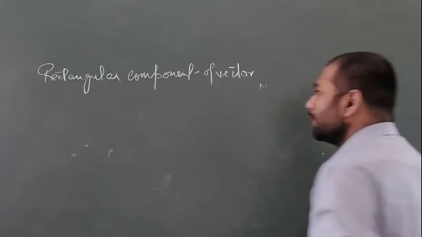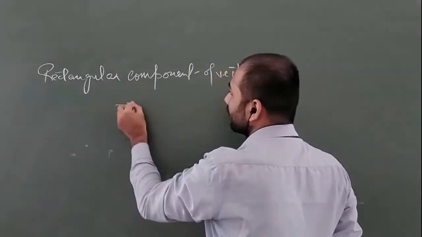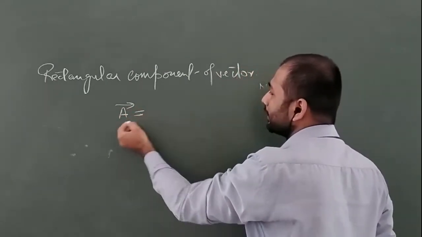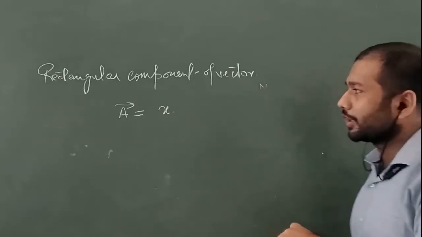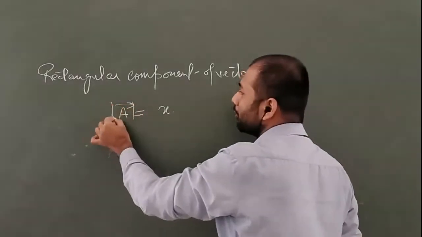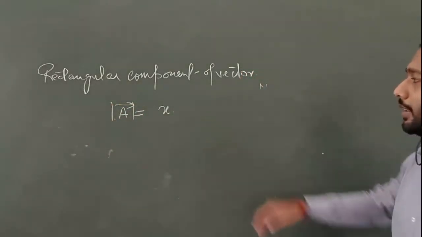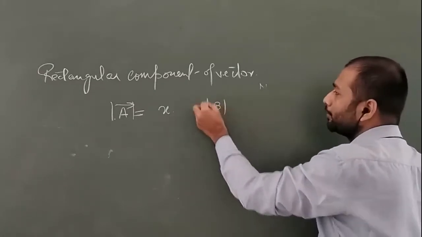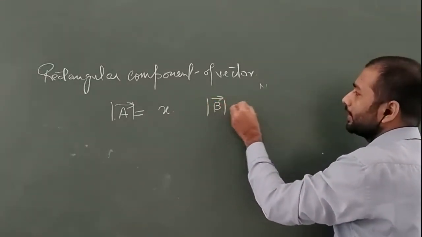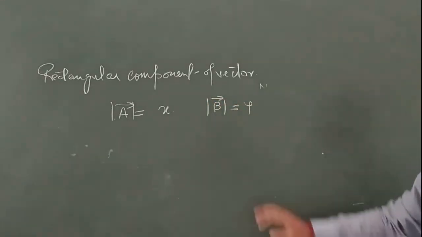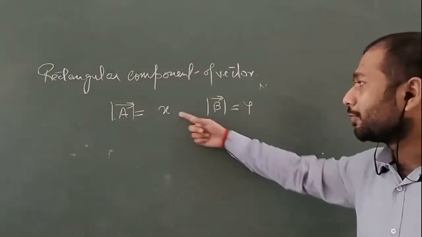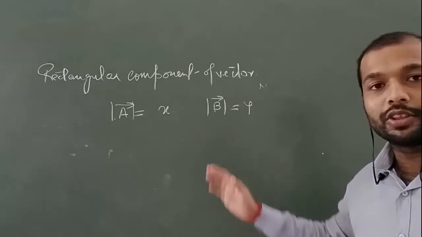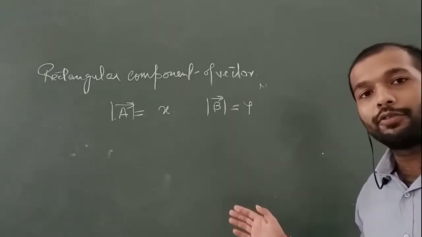So for example, earlier I was telling you that let's say the magnitude of vector A is x and the magnitude of vector B is 1. Okay, so in that case, if I ask you what the resultant is, the first thing you want is the magnitude and the cos theta to use in the analytical form.